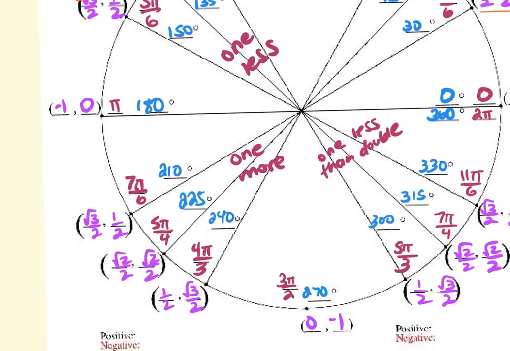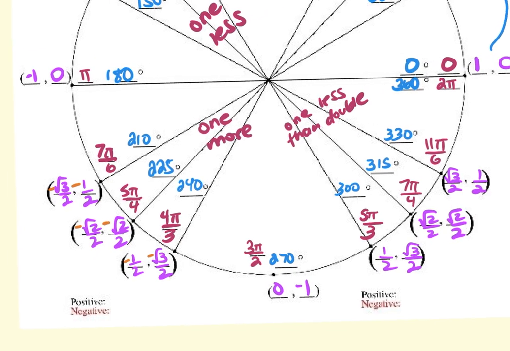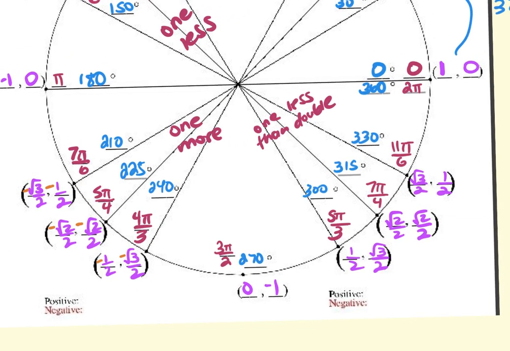In the third quadrant, they are both negative, so don't just put a negative on the front of the parentheses. Both of them get a negative. And in the fourth quadrant, the y is negative. The x is positive because you're moving forward, but the y is negative, so you're moving down. Questions so far?